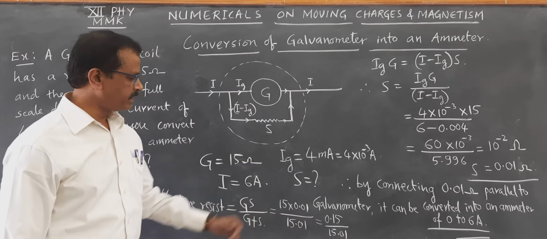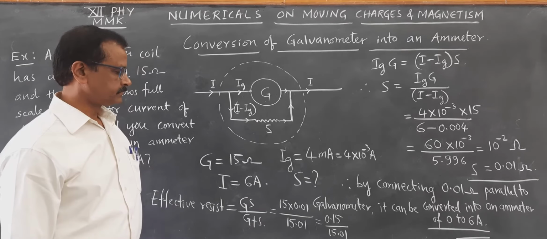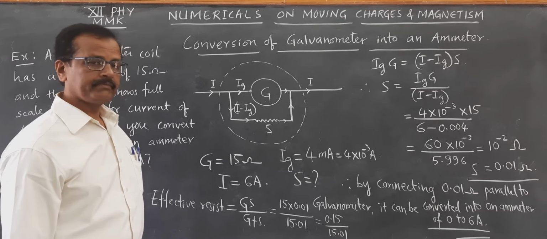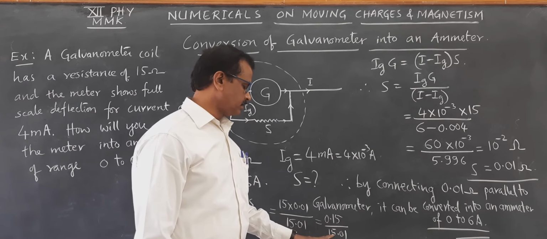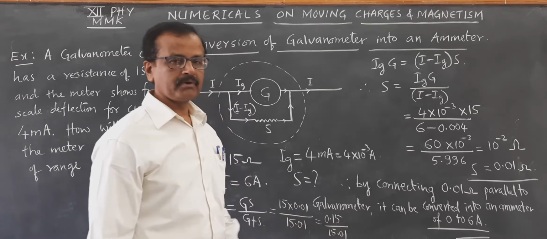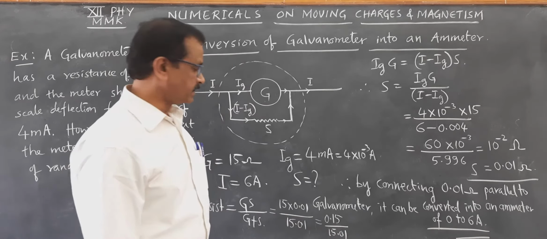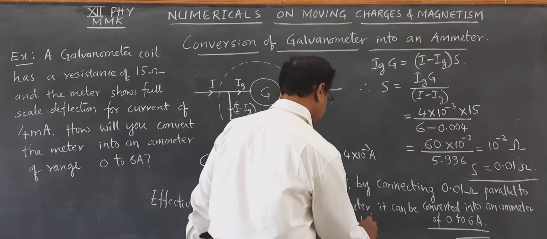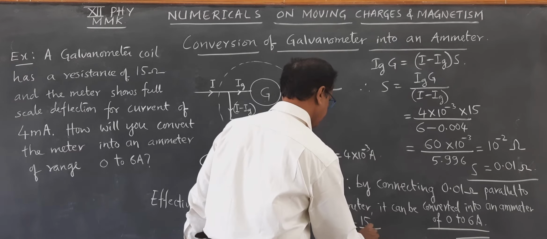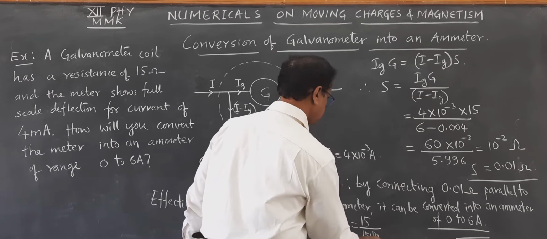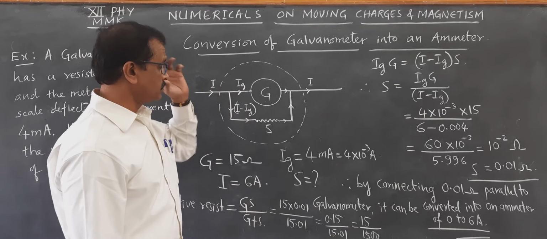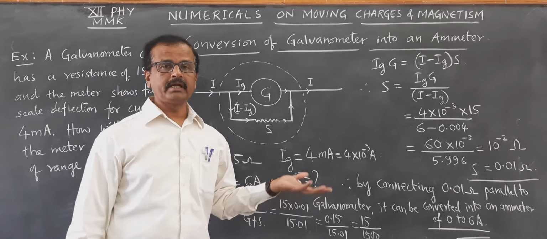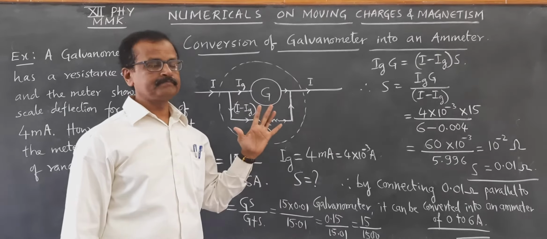So it becomes a very low resistance. 15 upon 100, so that becomes almost 15 upon 1500. So it is less than 0.01. That's how the ammeter will be able to take the entire current from the circuit.